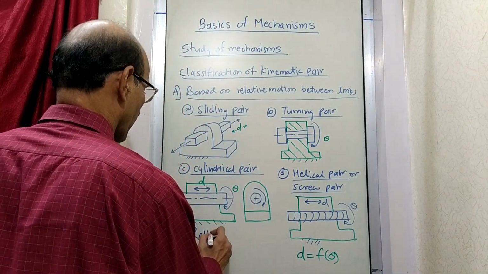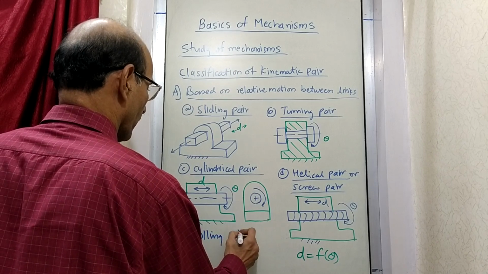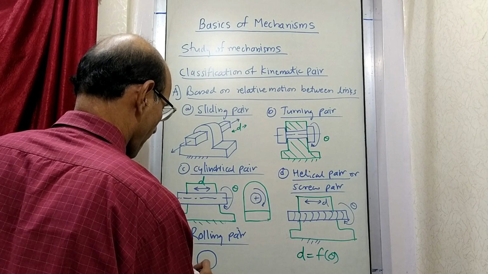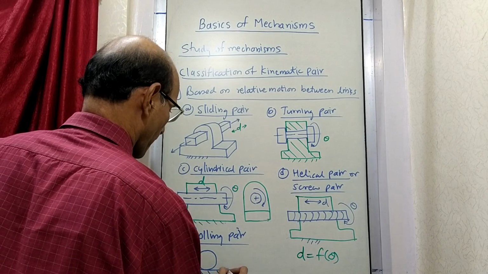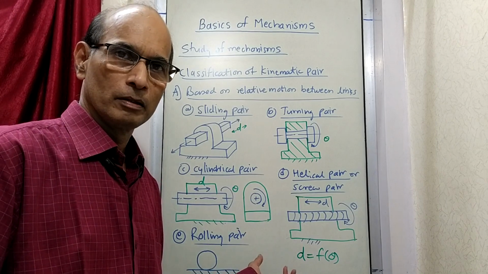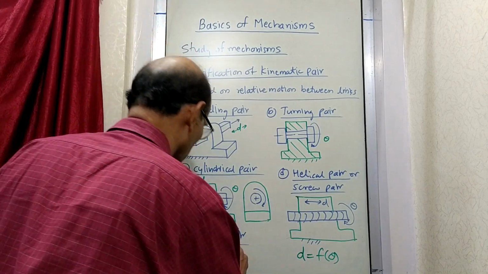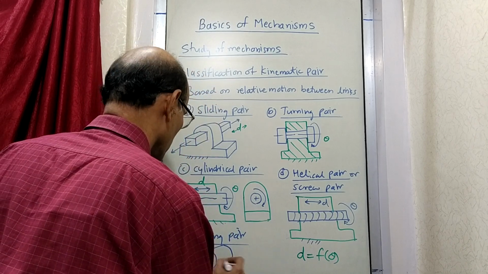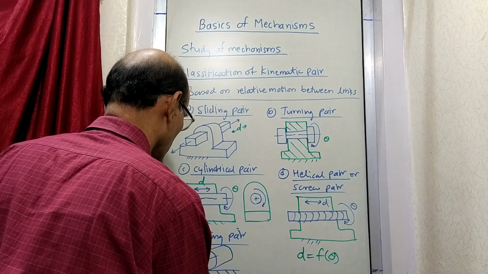Rolling pair. So I'll draw this. One object like a roller. It is a roller. Remember, it is not a ball. Maybe you can draw it in 3 dimensions so that it is clear what it is.